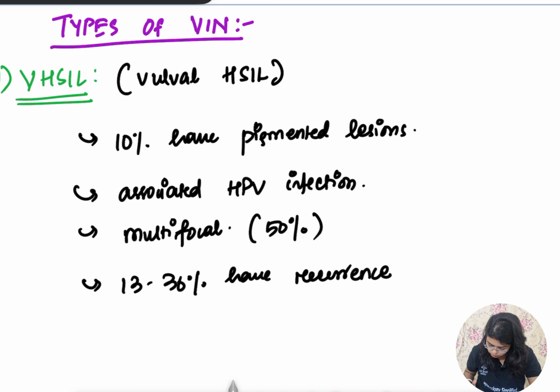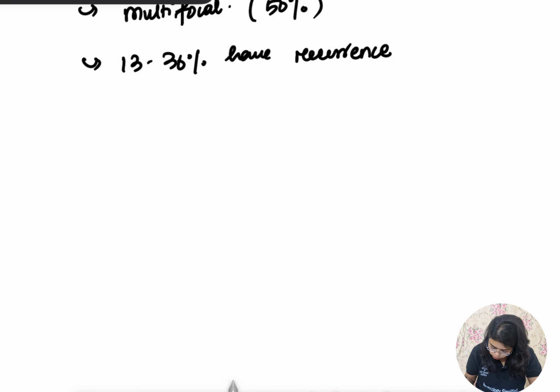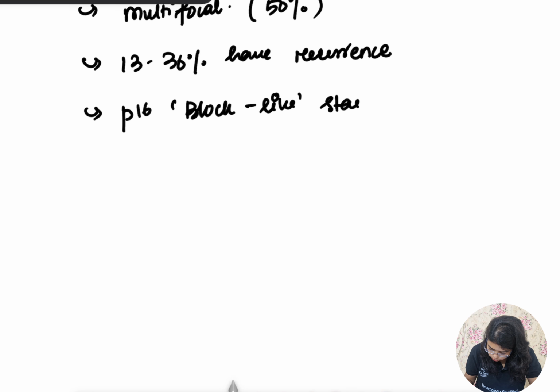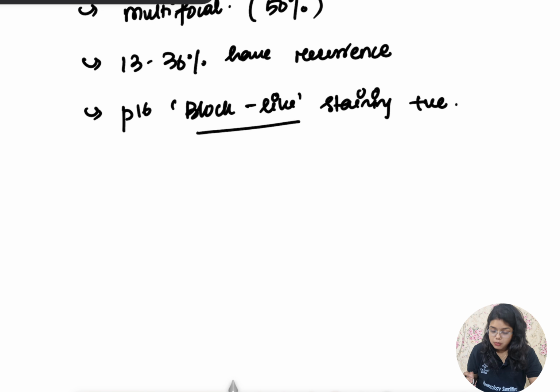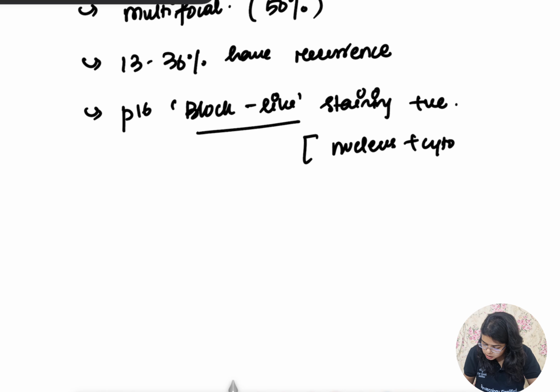Then about immunohistochemistry, P16 block-like staining is positive. What is block-like staining? It means both the nucleus as well as the cytoplasm are stained heavily.